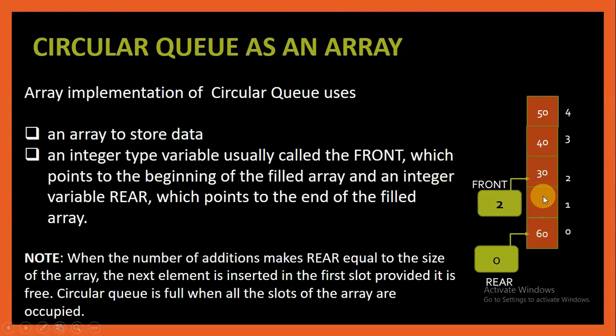But since there are empty slots in the beginning of the queue, if I want to insert more elements, I can insert at index number 0 or at index number 1 also. So even if the rear reaches max minus 1 and there are empty slots in the beginning of the queue, we can make rear equal to 0 and further insert more elements in the queue.